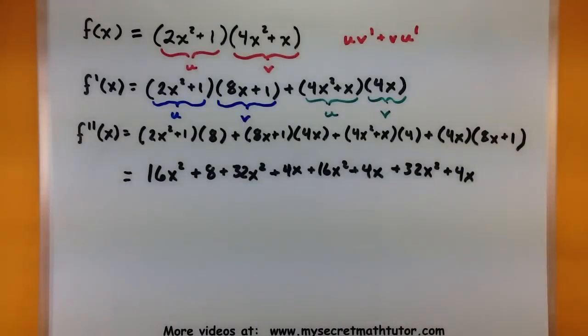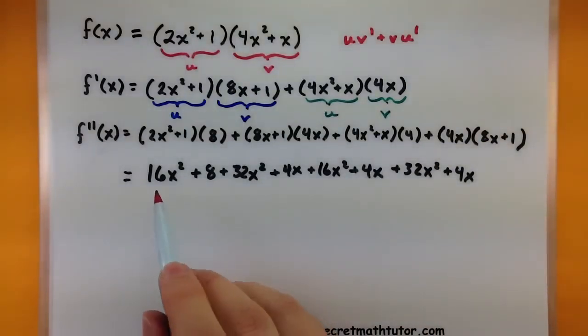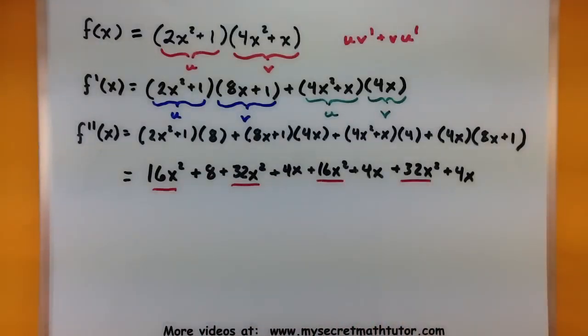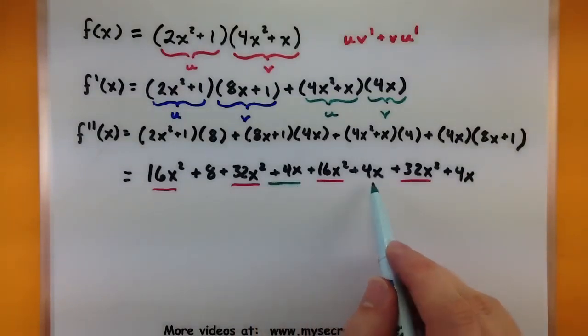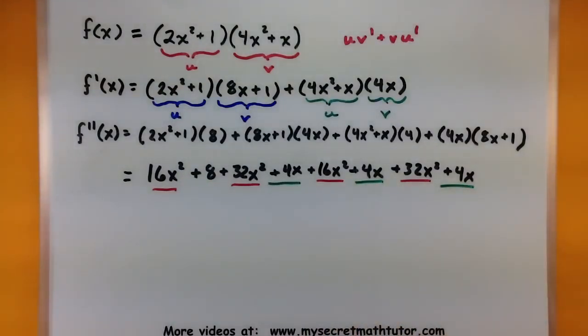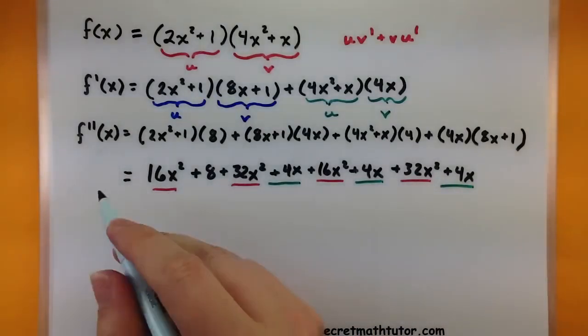A lot of different things in here. Here are all of my x squareds. So we'll be sure to combine those ones. Let's see, I also have some x's. We'll combine those ones. Looks like we have a single 8, so that will just, I guess, be all by itself when we're all done.